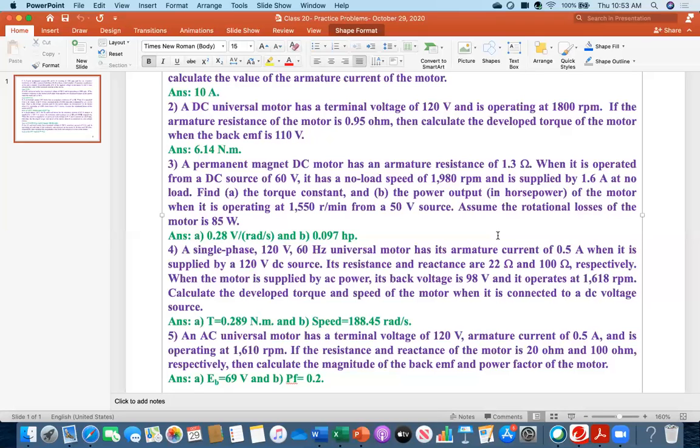Approximately I wrote 0.2. Or you can do that directly when calculating the impedance, its magnitude together with the angle. Then the cosine of that angle is the same thing.